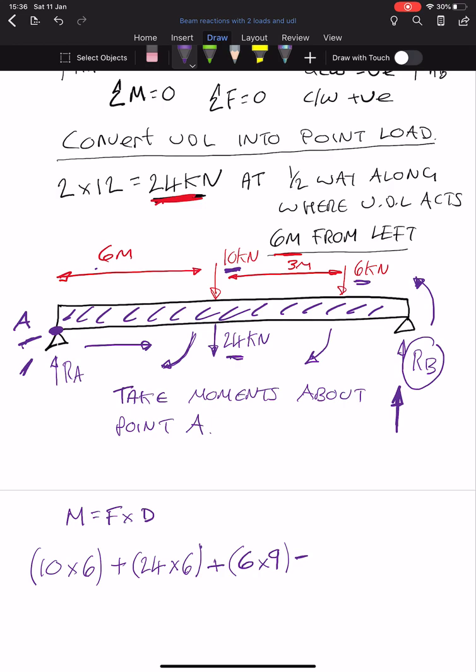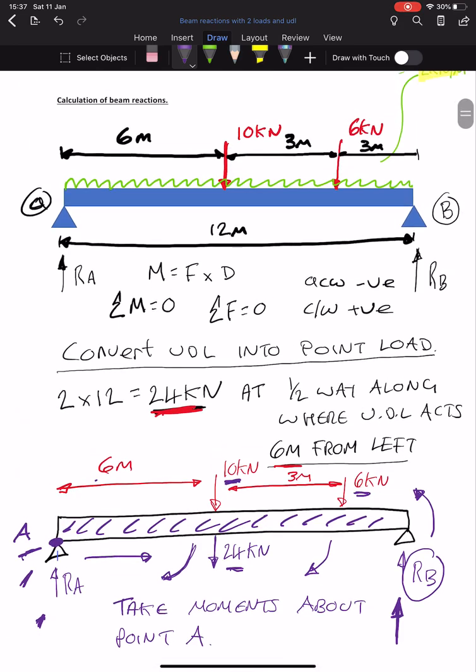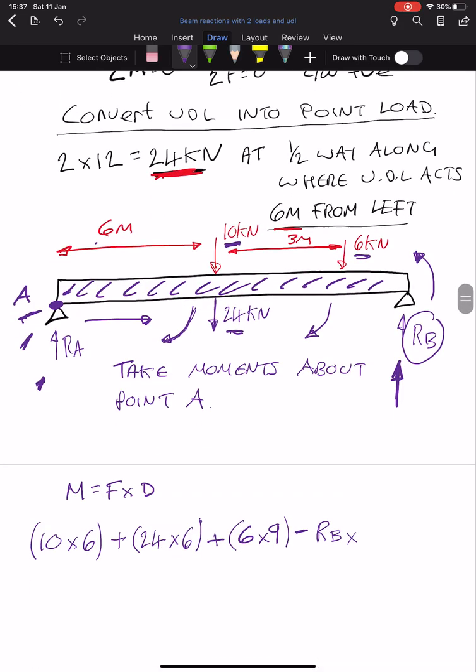So RB is a force, we don't know what it is. We put it in, we're trying to find what it is. RB is the reaction times by the distance. How far is this force from my point A? Well, it's 12 meters, because the length of the beam is 12, times that by 12. Put a little bracket around it.